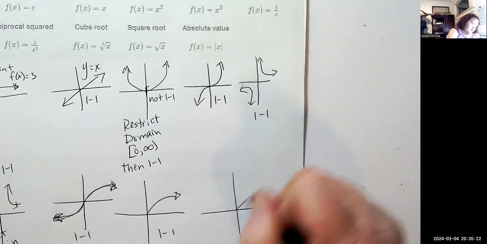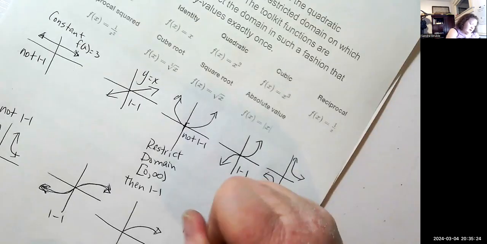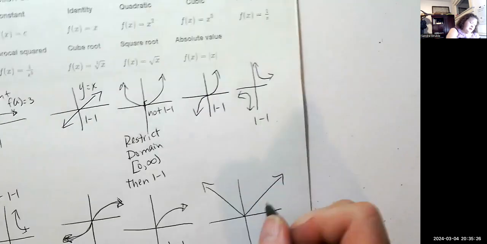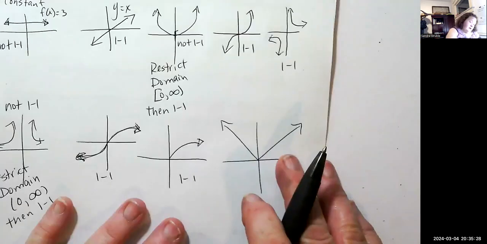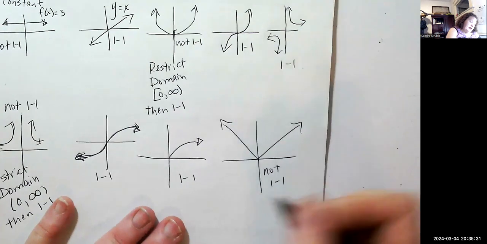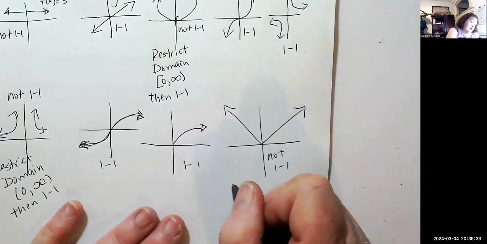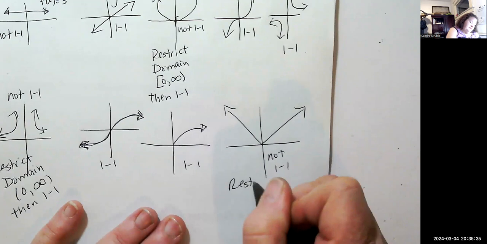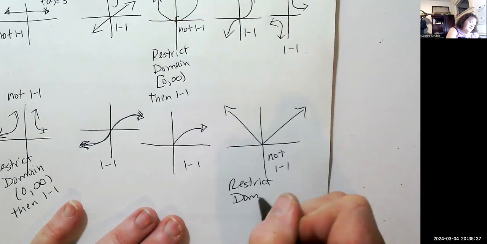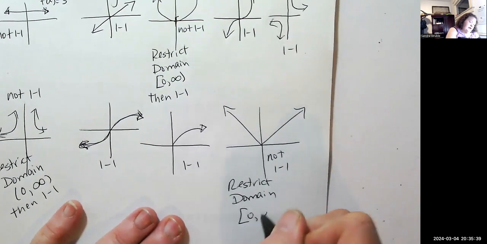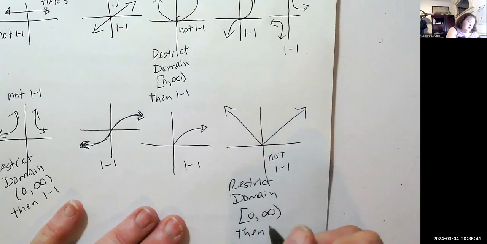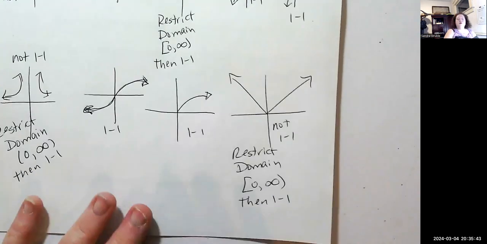It is not one-to-one because of the horizontal line test. But we can restrict it just as we did the quadratic. Restrict the domain from 0 to infinity, then it is one-to-one.